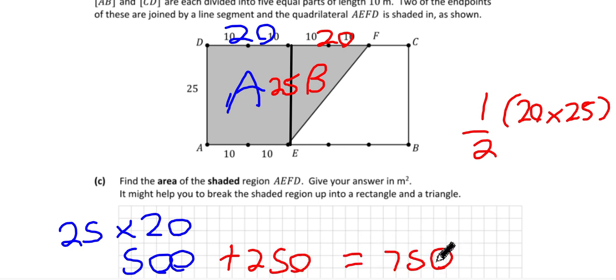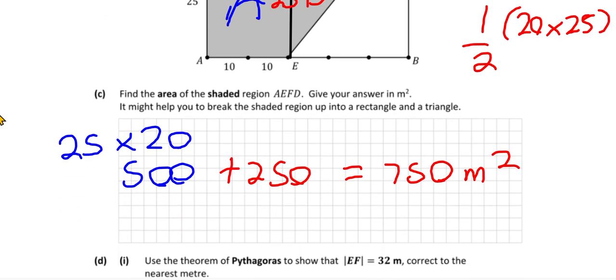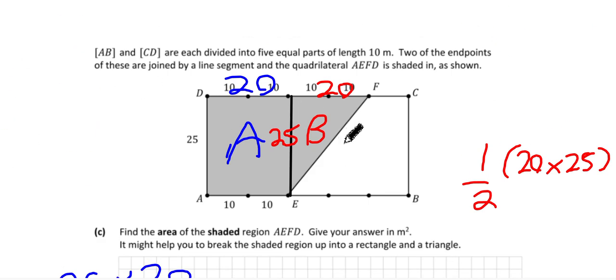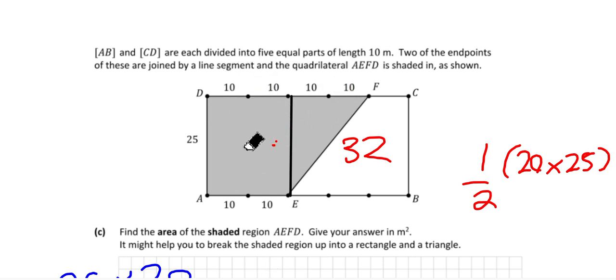But I didn't get full marks. Can anybody explain why? Meters squared. Are we okay, guys? Now, I told you not to bother with this one, that it wasn't on your course so far, but what you do know is that E to F is 32. And all we've got to do from here is add all the sides together.